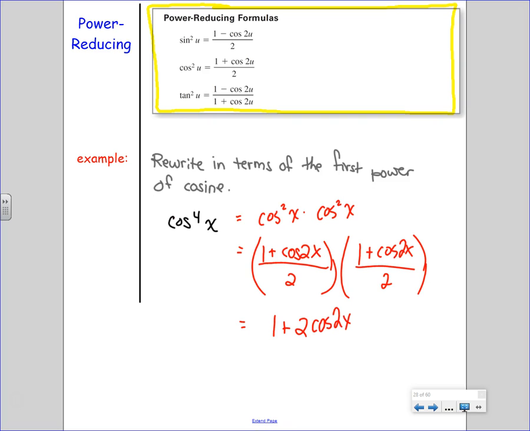This guy is good, but what's not good? Cosine squared. And all of these guys were being multiplied by 1/4. Who doesn't belong? Who's not allowed to stay if I'm only allowed first powers of cosine? Cosine squared. How do we get rid of him?